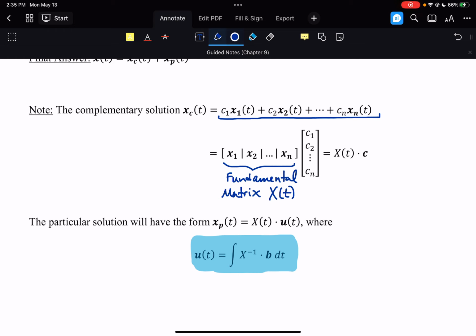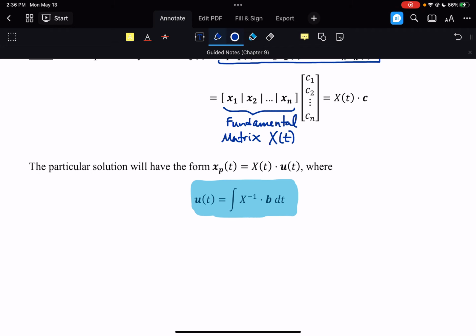Here X inverse is the inverse of that fundamental matrix, and b is that non-homogeneous vector from our form at the top. We need to integrate that product, and that will give us our particular solution. This is really the only new piece. Our complementary solution still utilizes the same work that we saw in the previous sections.